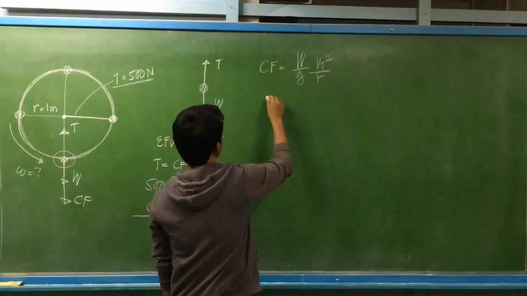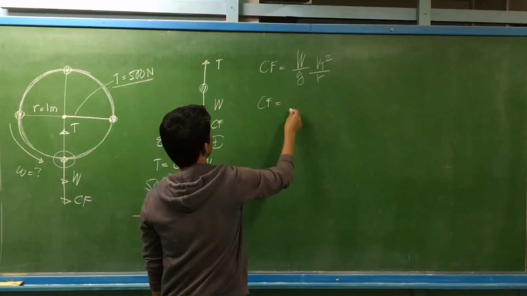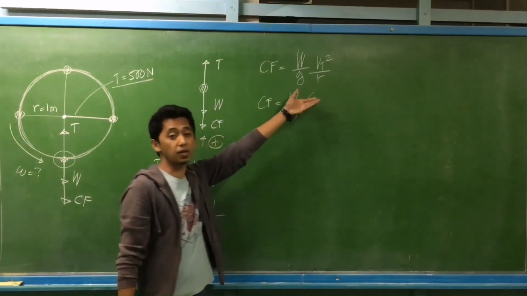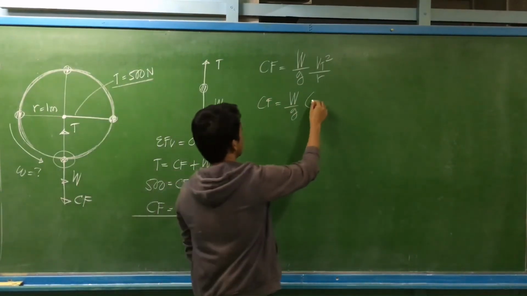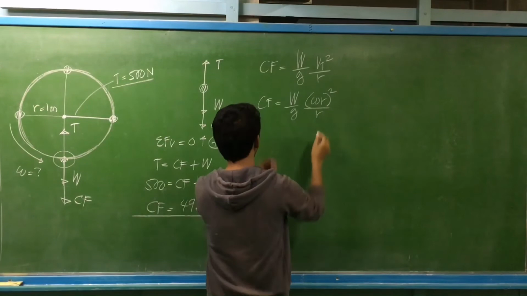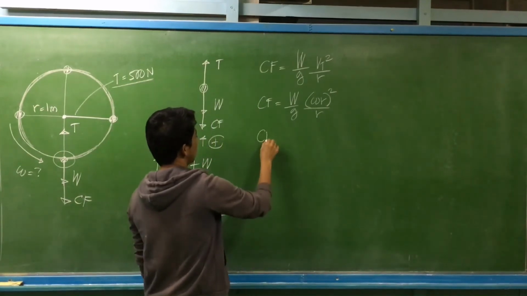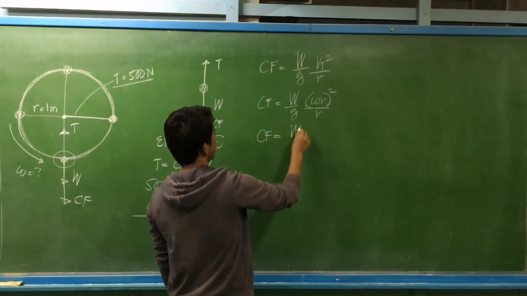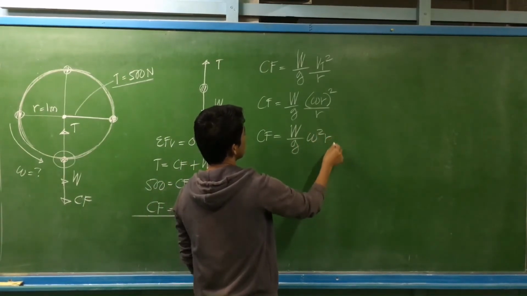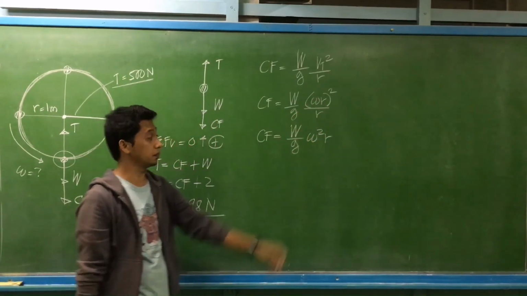But we can simplify this as the weight over g. What is the equivalent of tangential velocity? That is the angular velocity times the radius, squared, divided by the radius. So centrifugal force is the same as the weight divided by g times omega squared times the radius, if you cancel one of the radius.